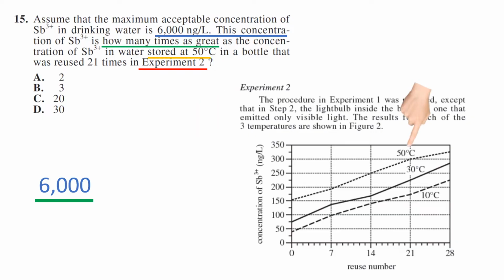We're using the 50 degrees Celsius line. Put your finger on the 21 times and go up and see where that hits the 50 degrees Celsius line, and you should get 300. So 6,000 divided by 300 is 20, and so your answer is C.